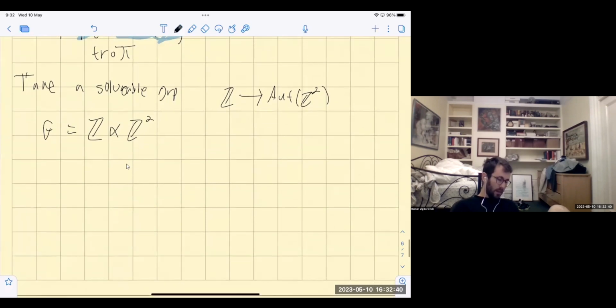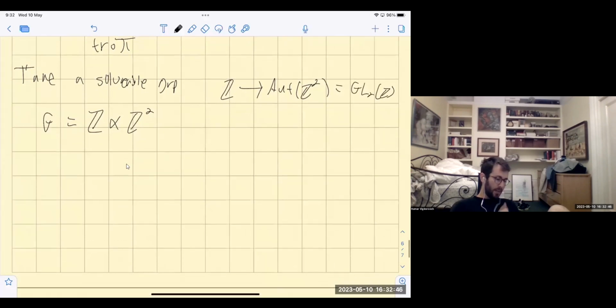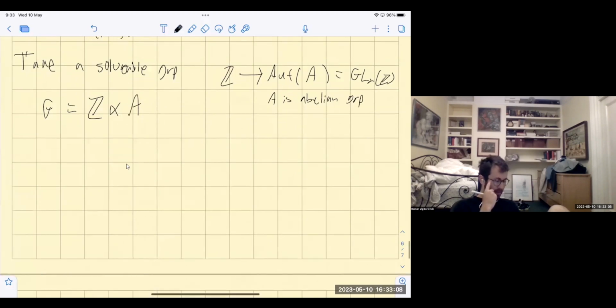And I remind you that this is GL_2(Z). Or let's take more generally, why take Z^2? Let's take A, an abelian group, where Z acts by automorphisms on this abelian group, and I form a semi-direct product. This is an example of a solvable group.